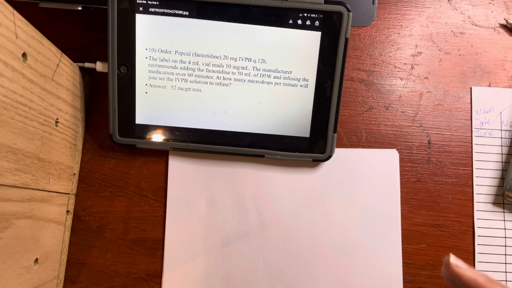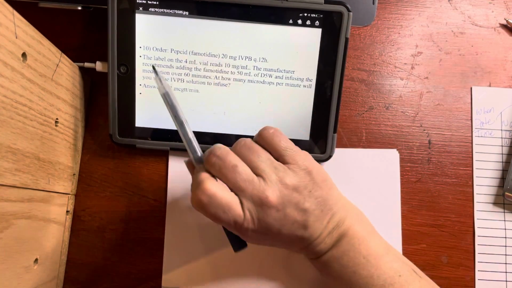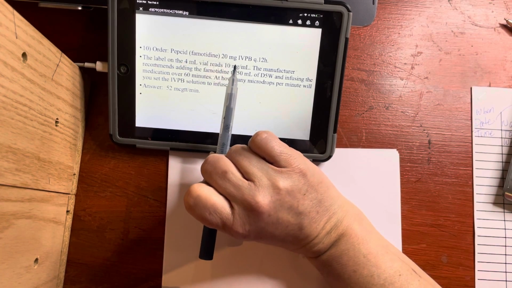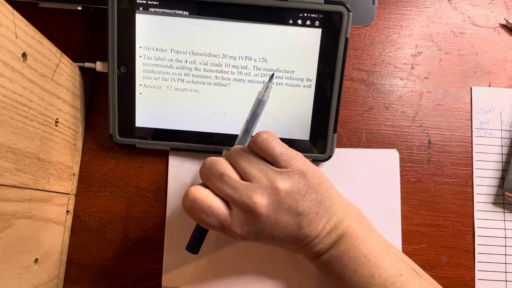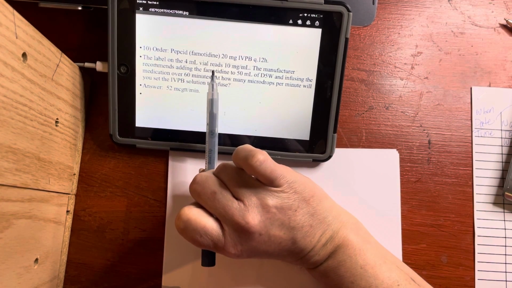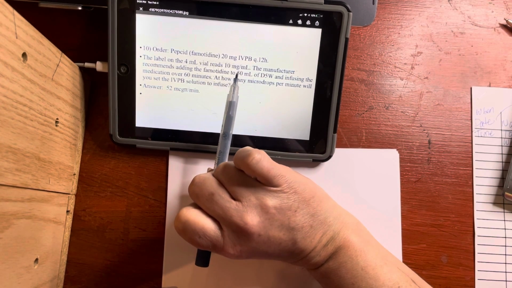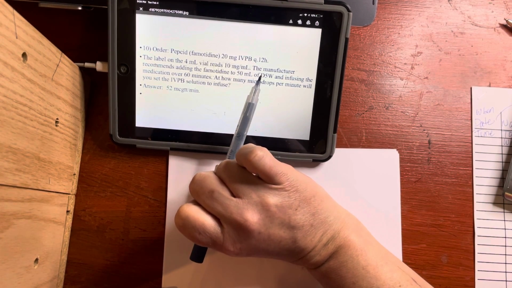Anyway, okay. This says Pepcid 20 milligrams IV piggyback Q12. The label on the vial reads 4 milliliters. The label on the 4 milliliter vial reads 10 milligrams per milliliter.